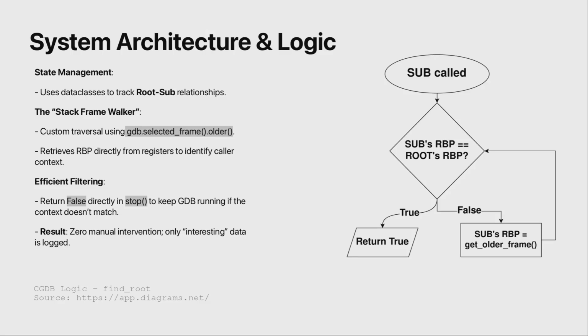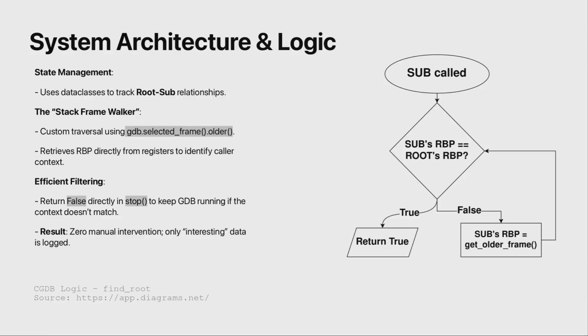How is CGDB built? CGDB is implemented as a Python extension leveraging the GDB Python API. The core logic revolves around two custom data structures: breakpoint struct, which defines the hierarchy, and callback struct, which manages the runtime state. When a root is triggered, we don't just pause, we cache its RPP in a global registry.